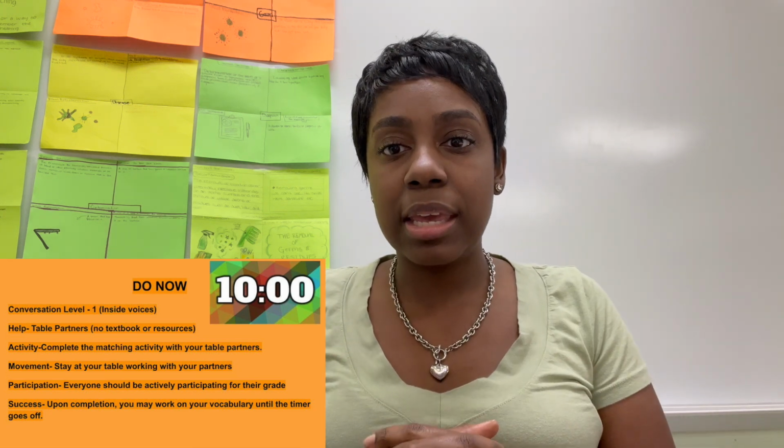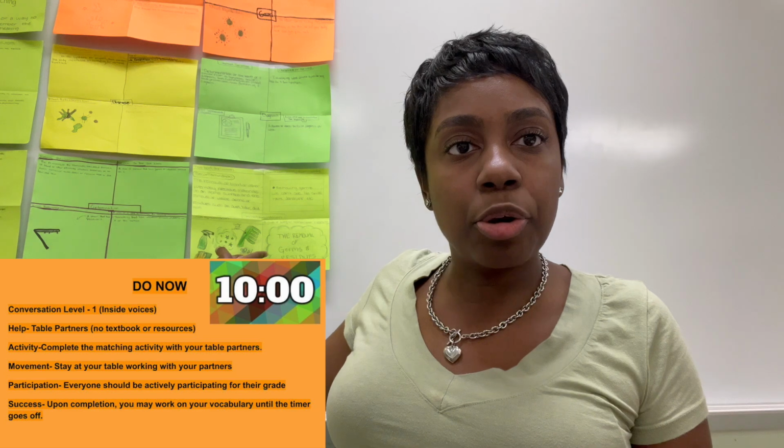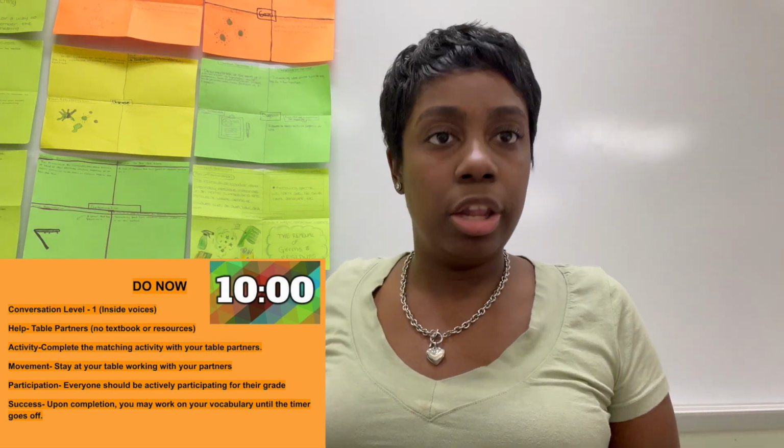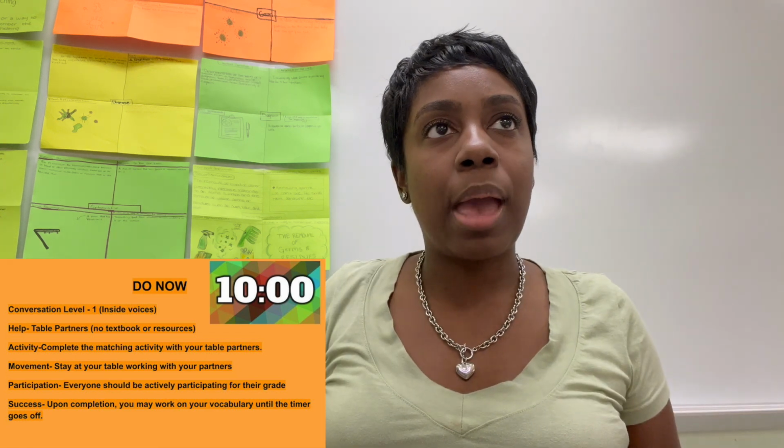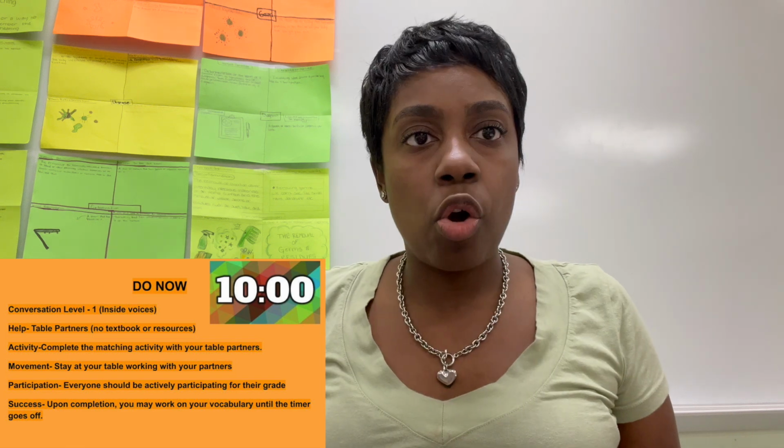And then the final thing is success. What does success look like? And what should I do once I'm done? Okay, so success looks like you have filled in all of the squares on your Frayer model, and it is colored. Now that you are done, read over your terms, complete your vocabulary, review your homework.